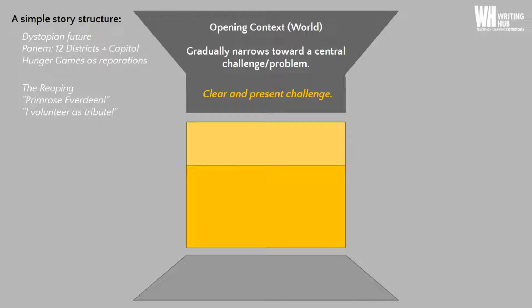And then as this world narrows, we learn about our characters, Katniss Everdeen, and the place where she lives. And then there's a moment where there is a clear and present challenge, and that comes in the form of the reaping, which is when they choose participants to participate in the Hunger Games, and our main character's sister is chosen, and almost instinctively she responds that she volunteers as tribute in her sister's place.